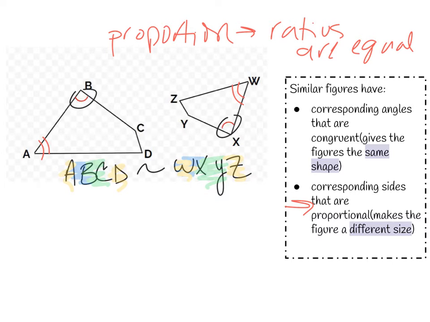All right, so let's talk about how to write these. Basically, your ratio needs to either be two parts of the same figure equal to corresponding parts of the other figure, or it needs to be a corresponding part of figure 1 to a corresponding part of figure 2.